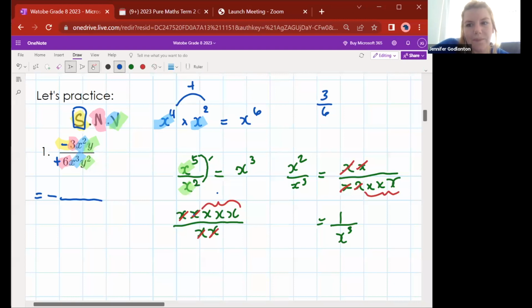Simplify it. So I take the x to the power of 3. Oh, don't look at anything else at the moment. Just look at this one over here. How can I just simplify 3 over 6? I divide it by 2, which makes it 3.